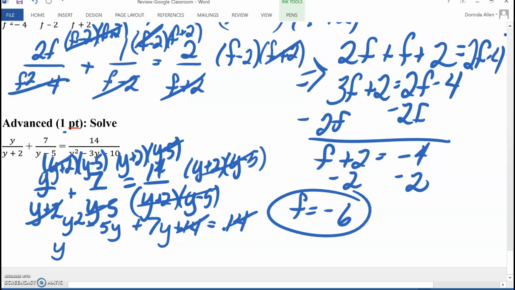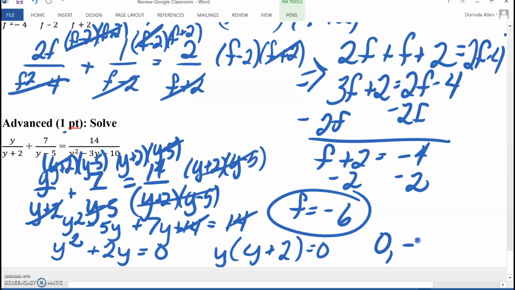These 14s will cancel when I subtract it over, so I have y squared plus 2y equals 0, and then factor that out. y plus 2 equals 0. My two answers are 0 and negative 2, and if I plug negative 2 in, I see that this one won't work, so my answer is just 0.